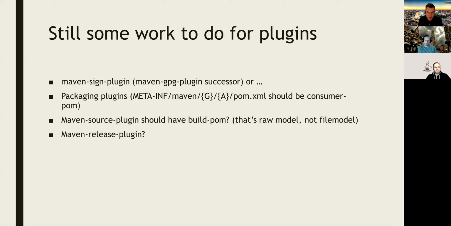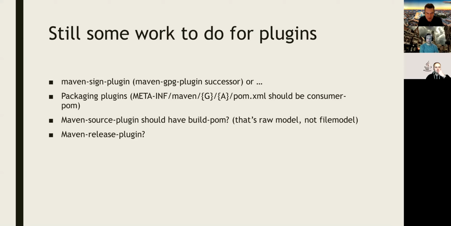But now we know that your uploaded POM file will be different compared to your local POM file, so you should use the uploaded POM file to be signed. We thought about a new plugin, but right now I'm thinking maybe we should just embed it in the Maven deploy plugin, because signing is typically a task for deployments. So that's still a discussion we need to have.